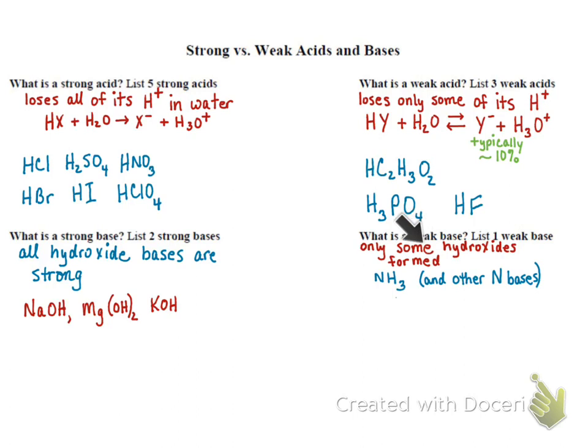Weak bases are the amine bases, such as ammonia, NH3, and the other amine bases, like the bases in base pairs in DNA. They are all ammonia-based nitrogen bases. These are weak, which means not all of them are going to generate hydroxides. Some of them are going to stay neutral.